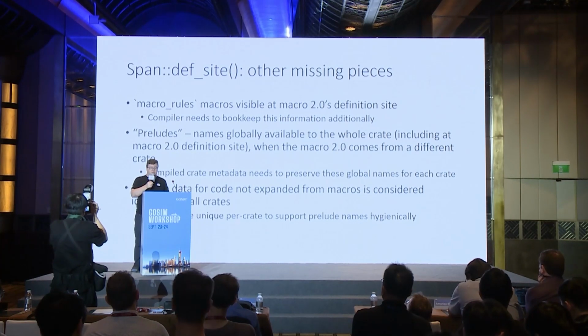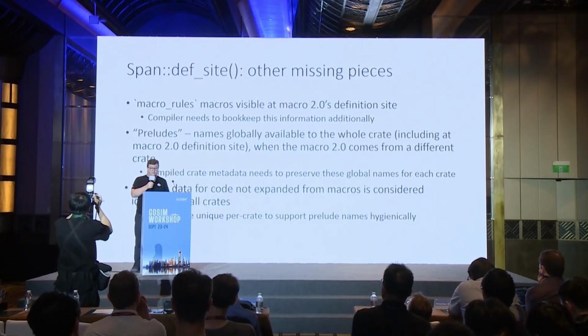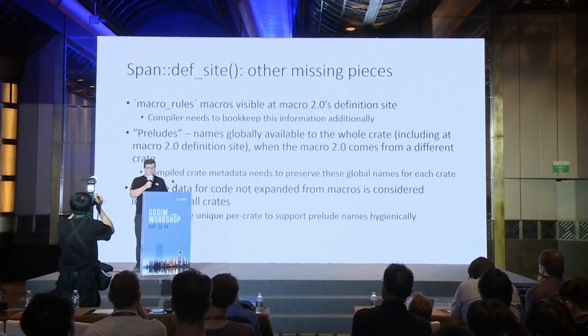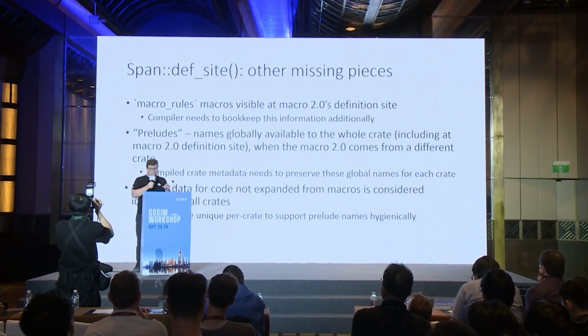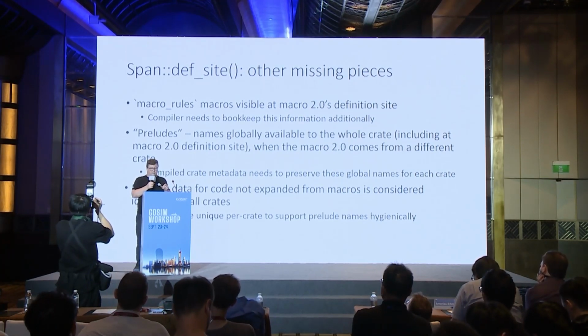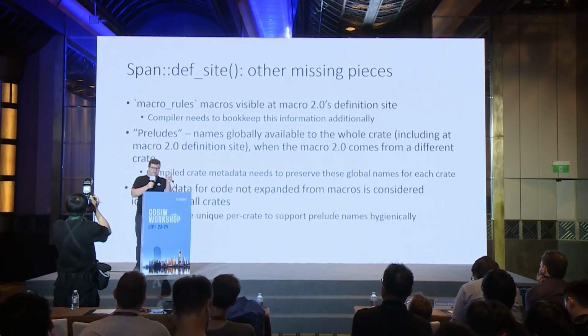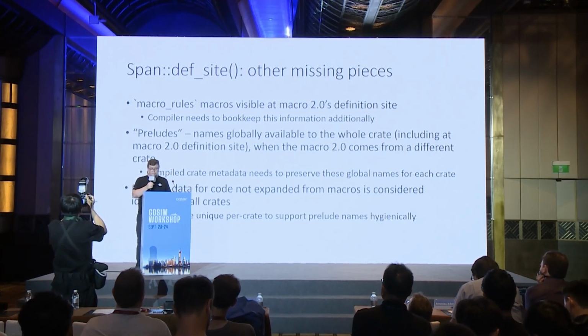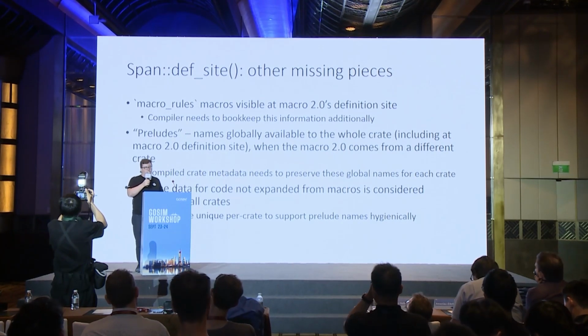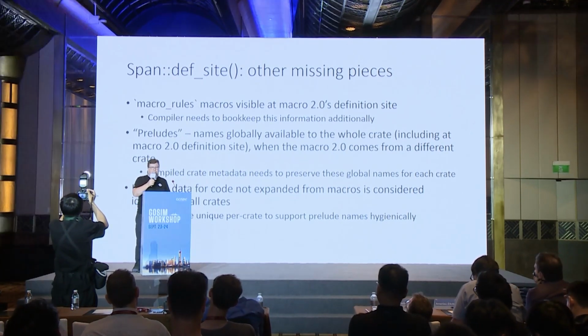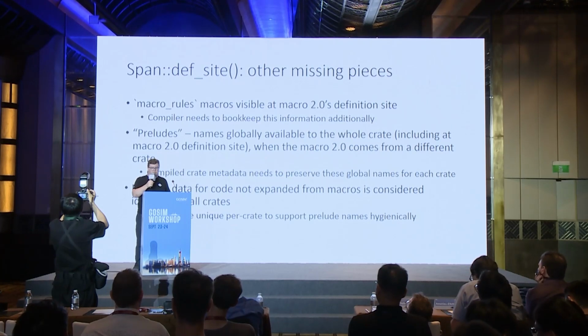Global names available to the whole crate are also not visible to macros 2.0 in cross-crate scenarios, when the macro 2.0 is defined in a different crate. To fix this, we need to store some more information in metadata for compiled crates.